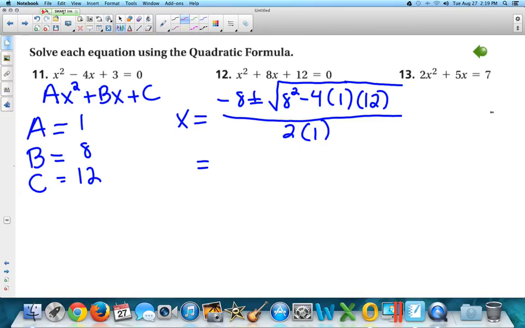So again, over here to the side, I'm going to figure out what the inside of the square root, or radical, is. 8 squared is 64. Minus 4 times 1 is 4. 4 times 12 is 48. And that's going to get me 16.